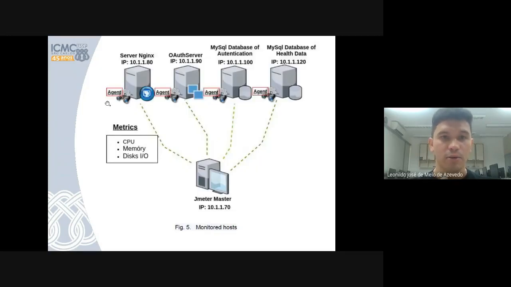And we also have an agent in each host, each machine. This agent collected some additional metrics like CPU usage, memory usage, and disk usage, only to evaluate the hardware performance.